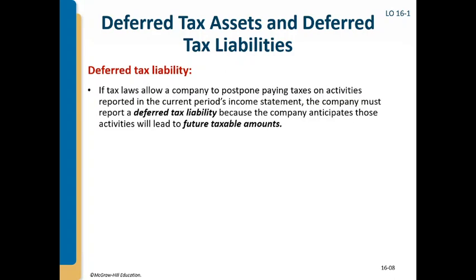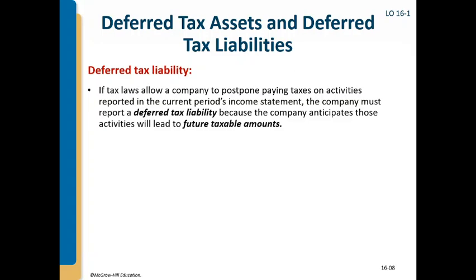All right, so we want to look at, and they don't talk about it, but there's this 4-step process in the book whereby you calculate your tax payable, which is the amount of tax currently payable based on the current year's tax return.